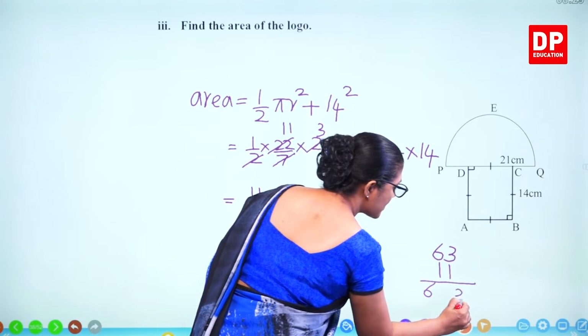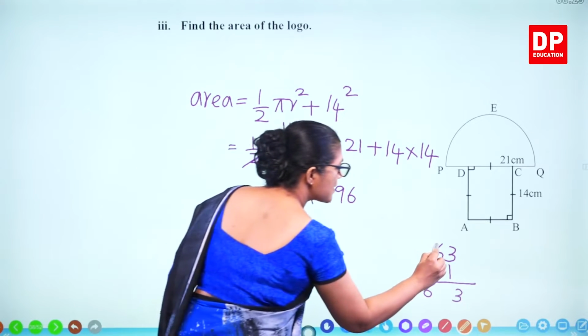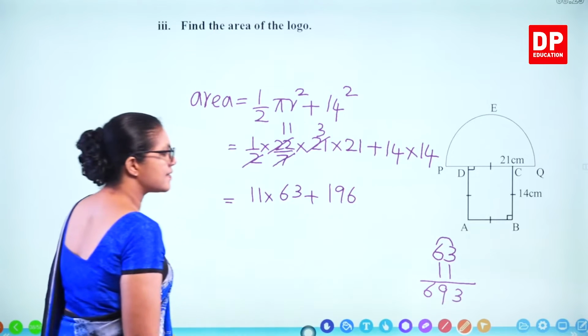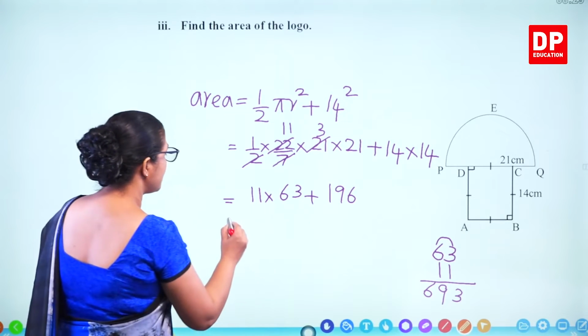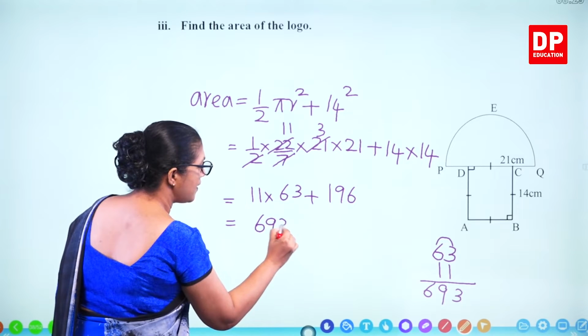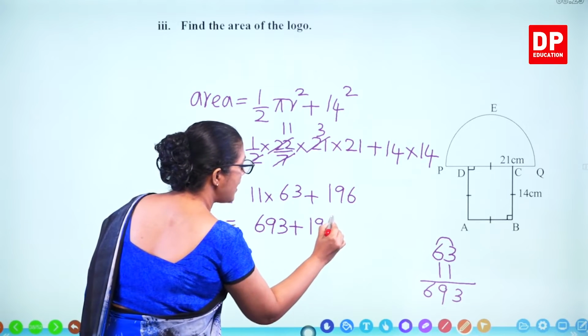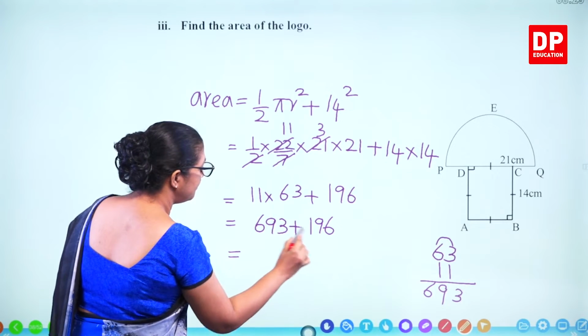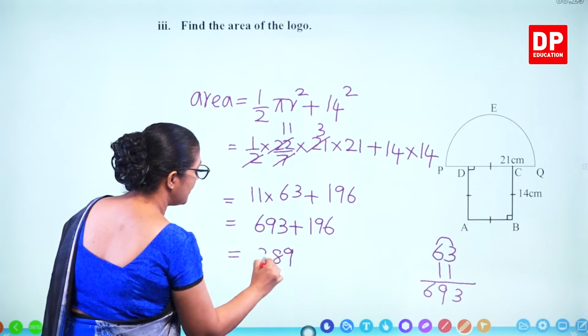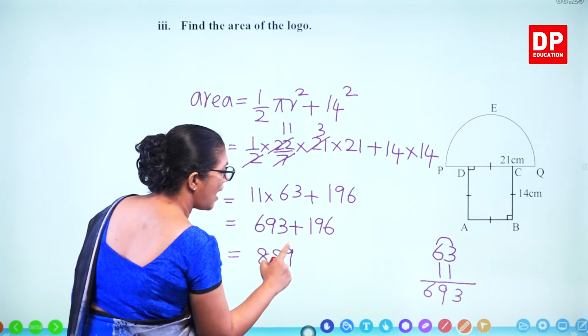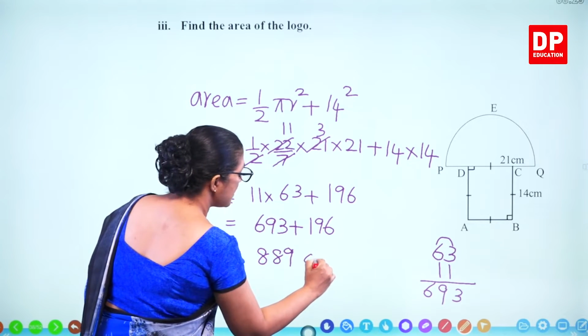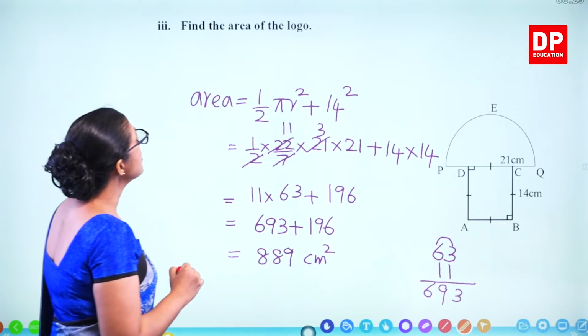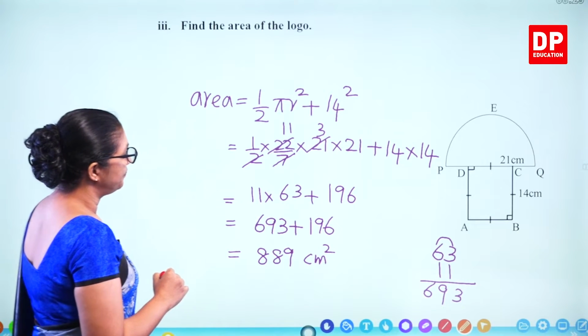You write down 6 and 3 separately and 6 plus 3, 9 here. 693. 693 plus 196. 889 square centimeters, because this is about an area.